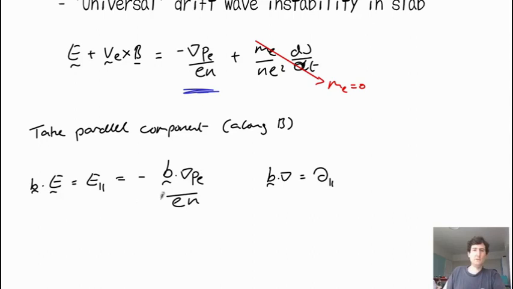Now for an electrostatic wave, the electric field is just minus the gradient of potential, so E is roughly minus grad phi.